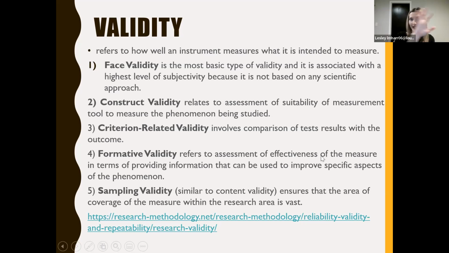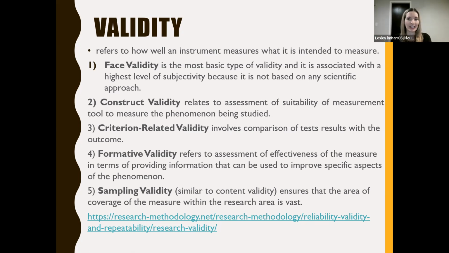So I need to have measurements that measure stigma and measurements that measure stress, and they should not be conflated with each other. So when looking at face validity, that's really quite straightforward. So if a lay person would look at the questions in your scale, they would say, okay, yeah, that makes sense. Those questions all relate to having stress. So that's just the most basic type of validity.